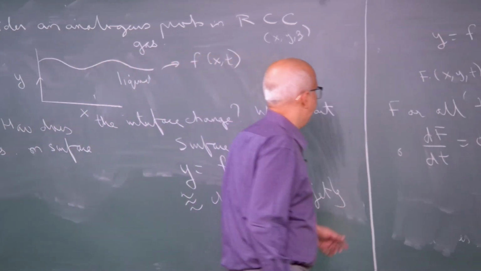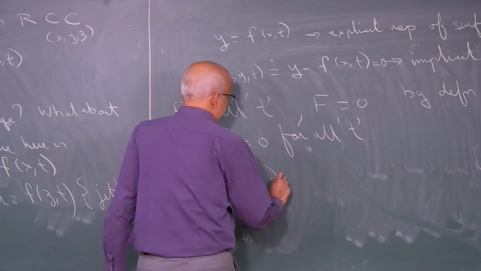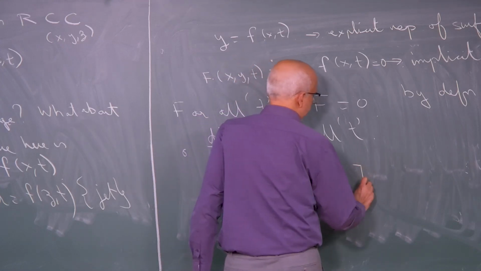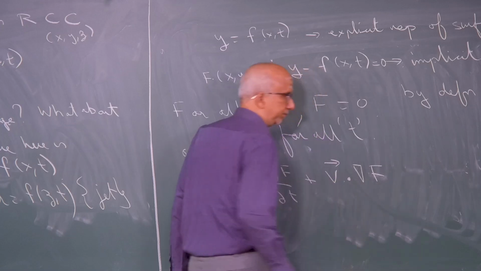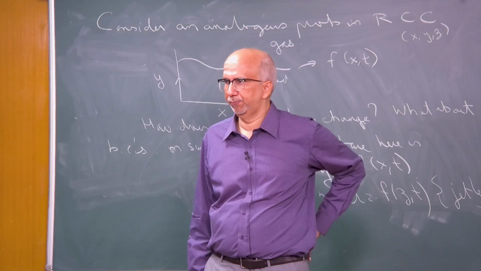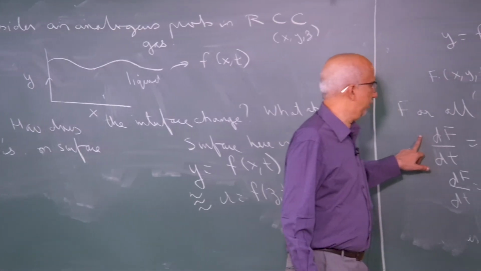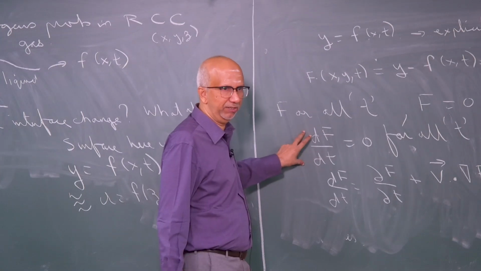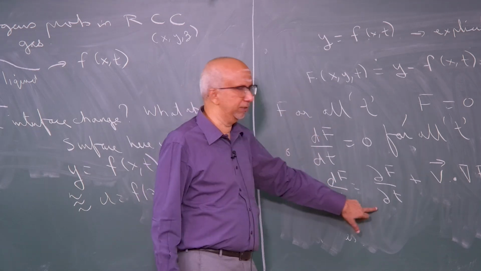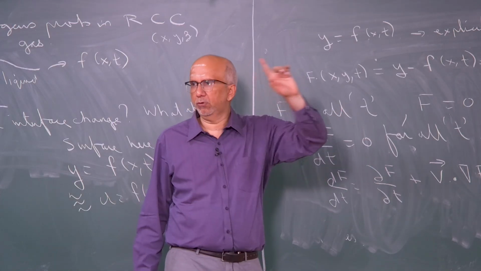So, dF by dt is nothing but dF by dt plus v dotted gradient of F. On the surface F does not change with time at all. So the total derivative, the material derivative, the Lagrangian derivative is 0, but all I am doing is using this definition which we saw earlier when we related Lagrangian to Eulerian.